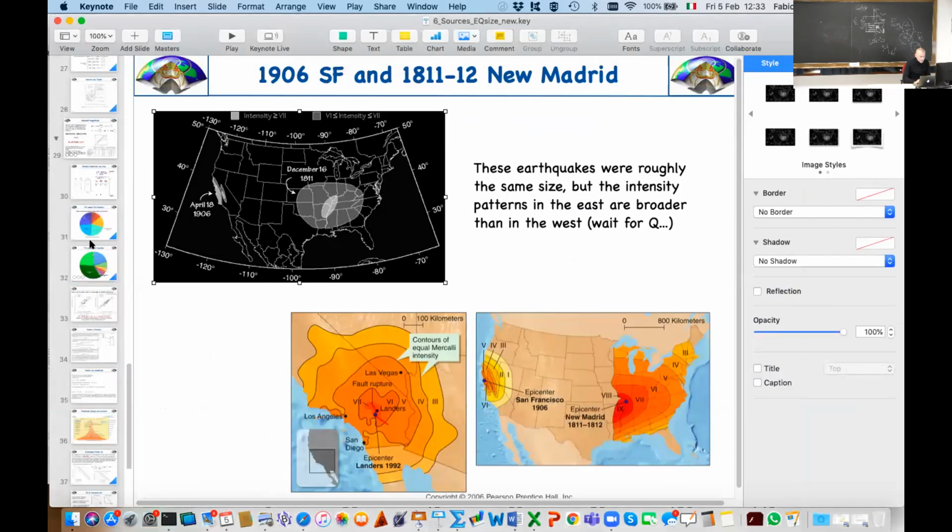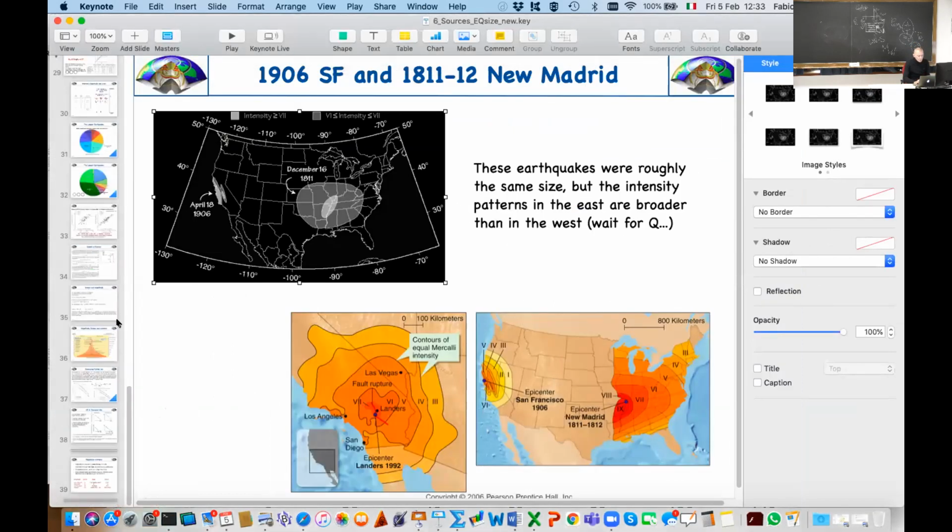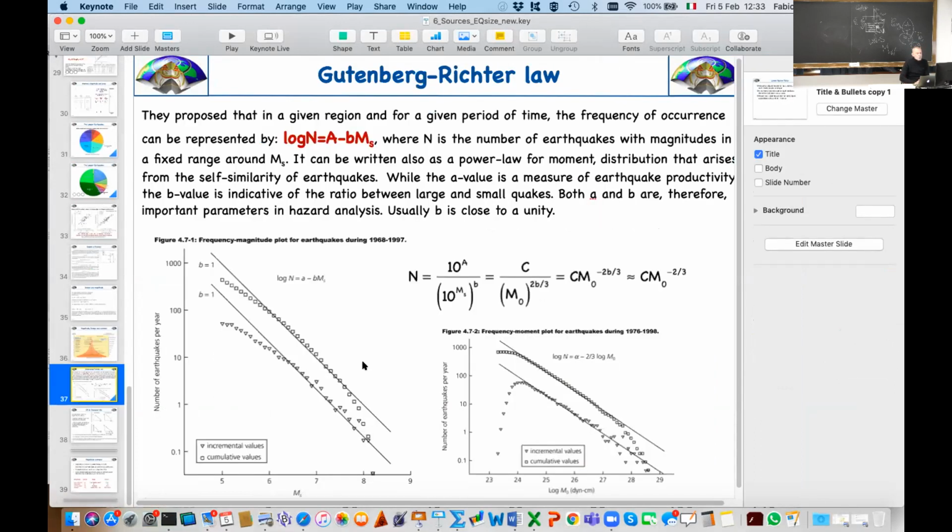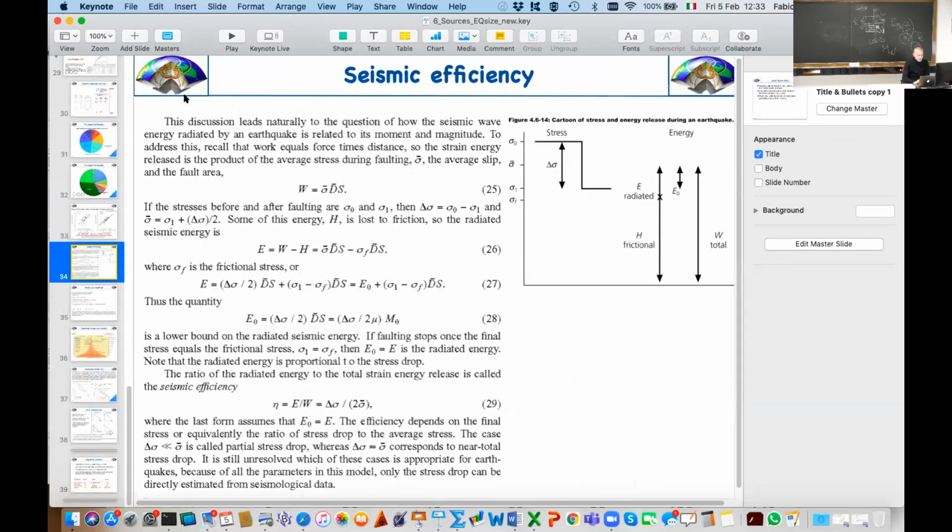The other prequel, so it's about Q, actually will be about hazard, where the GR law sometimes enters in the computation. But the summary for today was magnitude, but now we should be able to relate it with energy of an event.